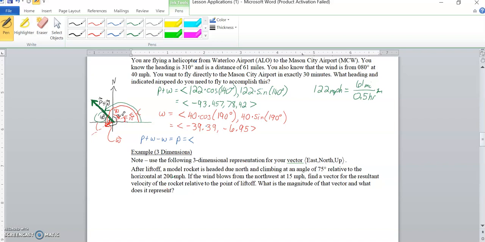We get to add 39. So we get negative 54.07. And then the 78 plus negative 7, essentially is 69.5. That is 85.37.